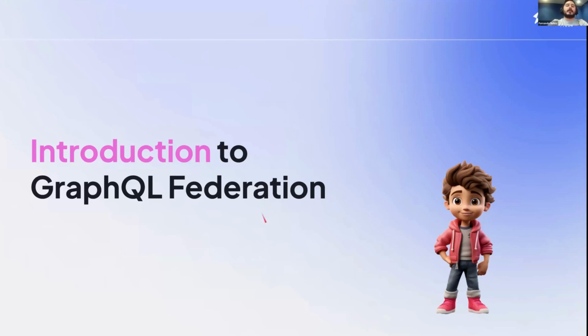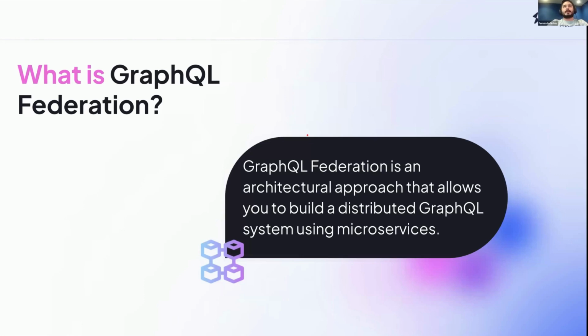So having that context about microservices and how GraphQL works, we are going to move a little bit to GraphQL Federation. So what is GraphQL Federation? GraphQL Federation is an architectural approach that allows us to build distributed graph systems using microservices.